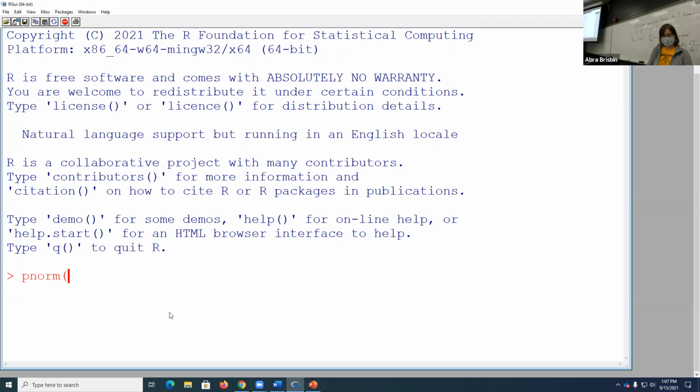And we can find the probability of being less than 1, because that's what we're interested in finding the probability of, with a mean of 1.5 and a standard deviation of square root of 1, which is 1, divided by the square root of 60. So 5.38 times 10 to the negative 5th.